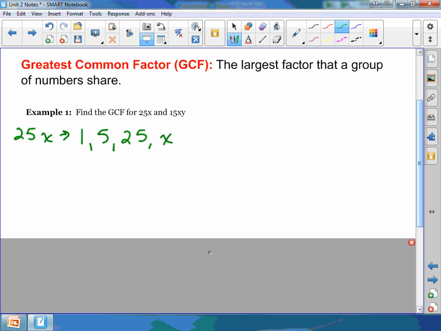Okay, 5 times 5, 1 times 25, and then you would have an x that would divide evenly into 25x. Okay? How about 15xy? Same thing. Anybody create a list for me? Marco? 3, 5, 15, and x and y. Yep, we're going to list them all as separate terms here.